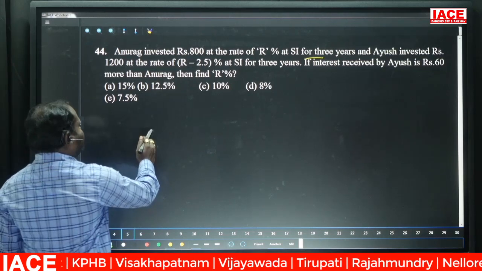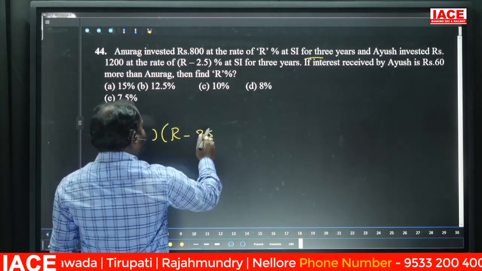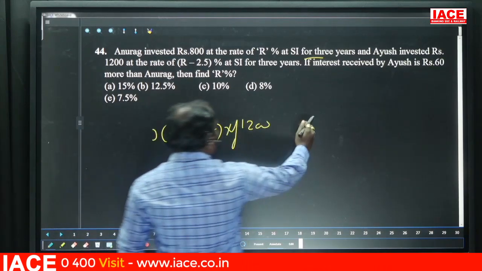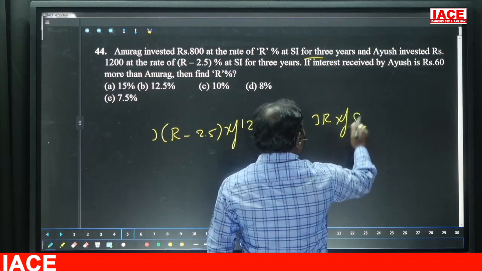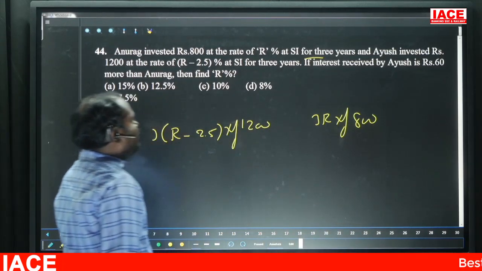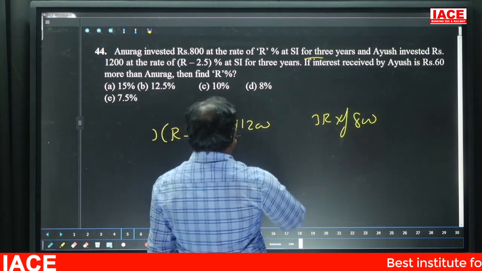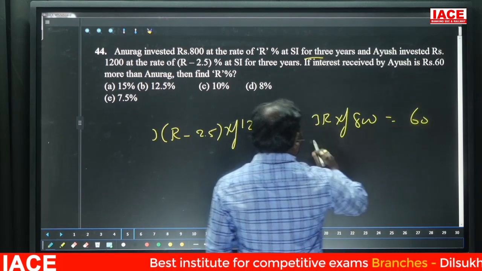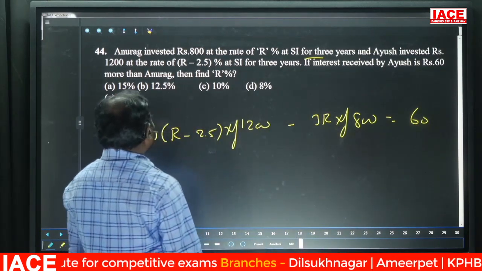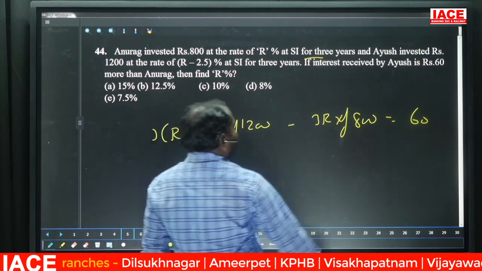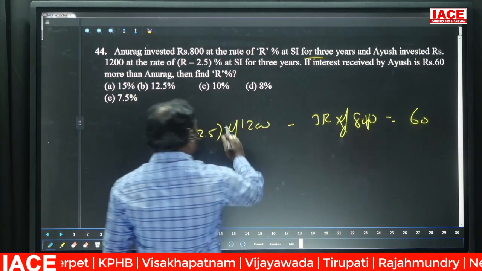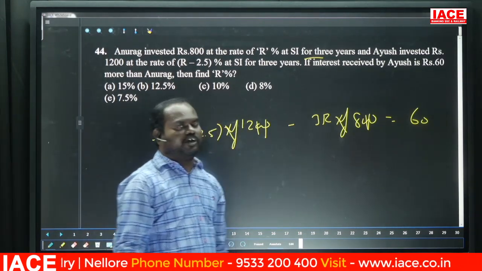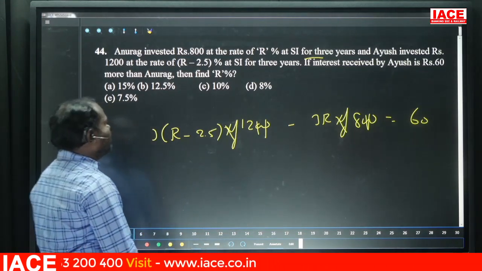So it is 3 into (R minus 2.5)% of 1200 and 3R% of 800, and this difference equals 60. Ayush is 60 more than Anurag. Now the percent double zeros cancel. This is 3 into 12, 36R, minus 3 into 8, 24R. 36R minus 24R is nothing but 12R.